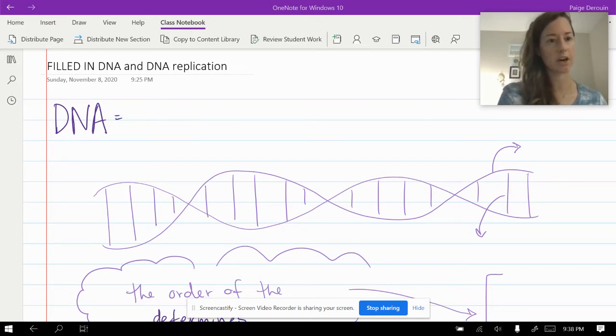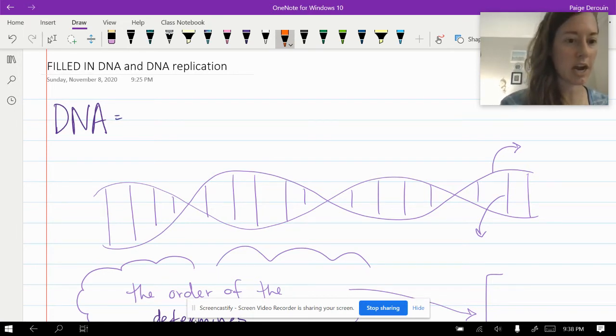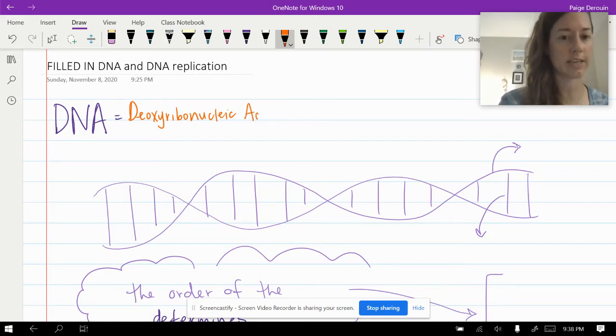All right, so first of all, you might already know this, but DNA is actually sort of an acronym. It stands for the really long name of DNA, which is deoxyribonucleic, which is all one word. And then the second word is acid.